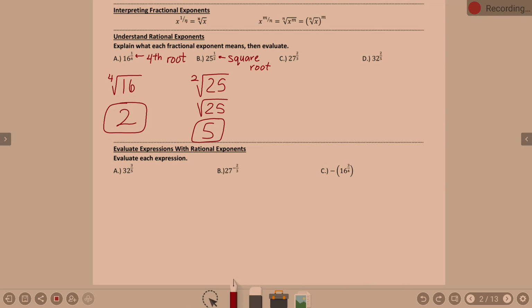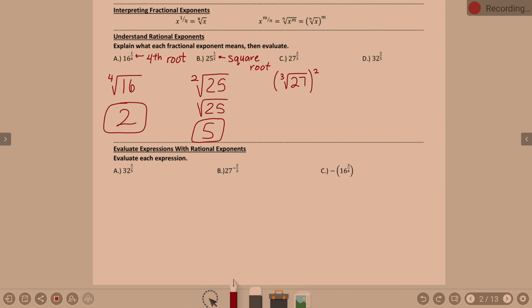Okay. What about 27 to the 2/3? What's that mean to you? What do you think, Patrick? Isn't it like the third root of 27 squared? Something like that. So the cube root of 27, and I'm not sure which way Patrick wanted me to write this.